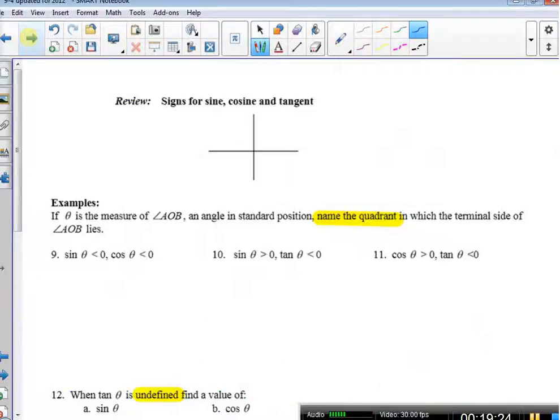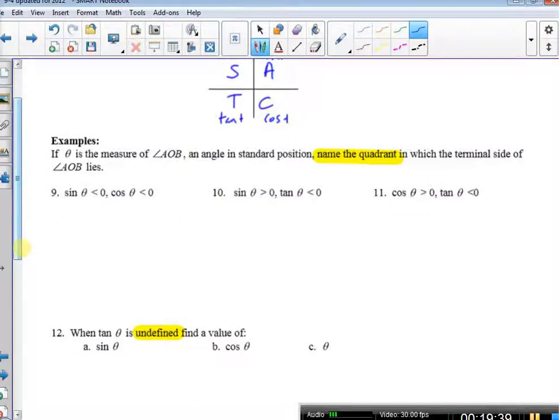All right, almost there. We just reviewed these. All Students Take Chem: sine positive, tan positive, cos positive, all positive. That's where they're positive. So these are asking you to name the quadrant in which the terminal side of an angle lies.